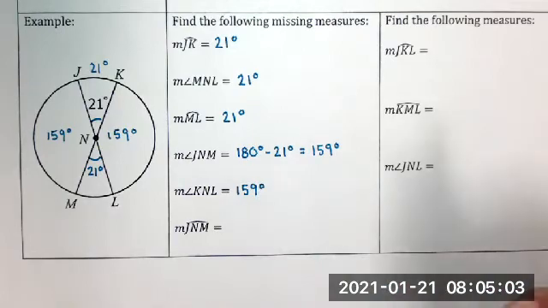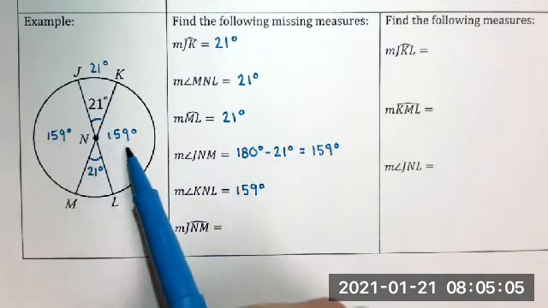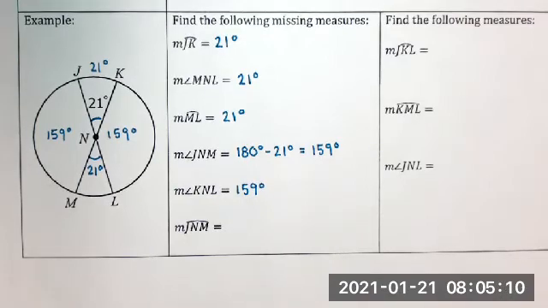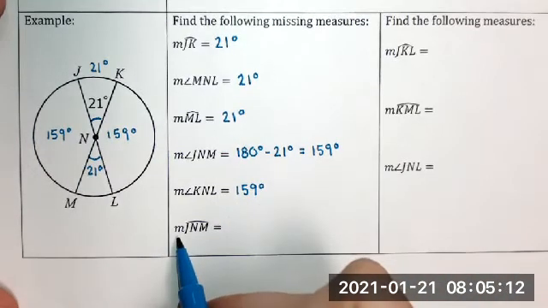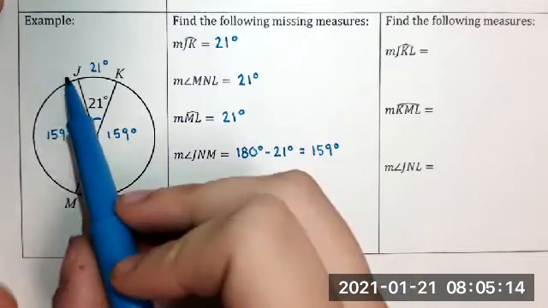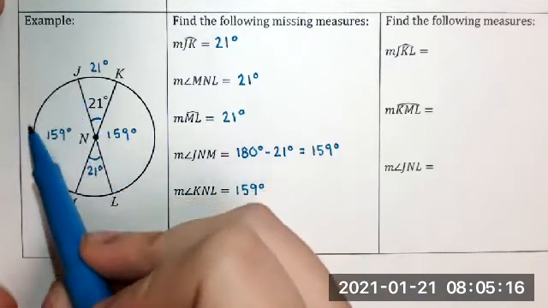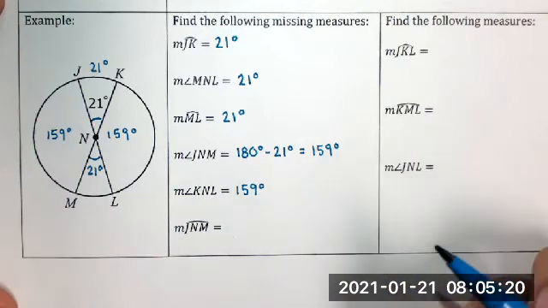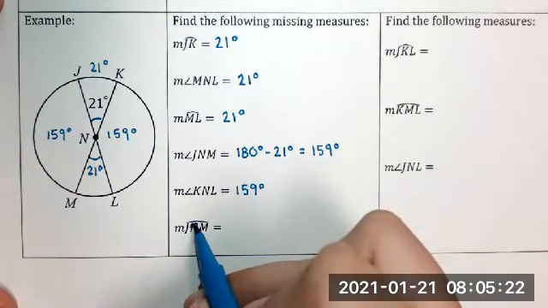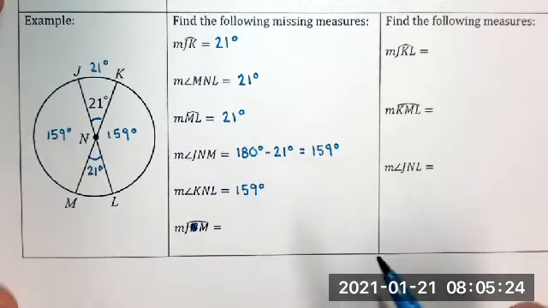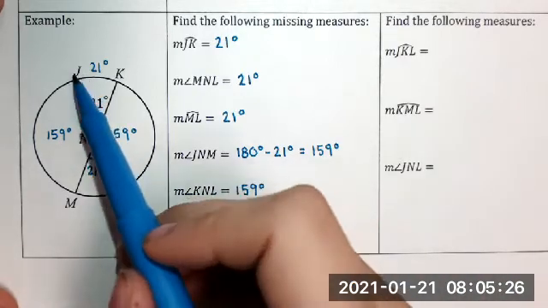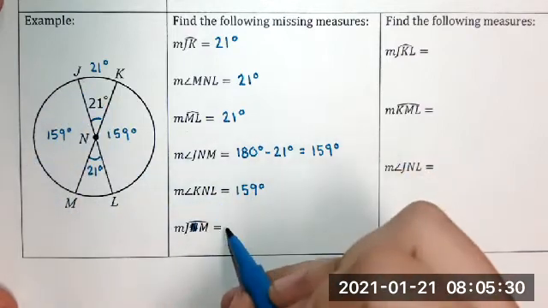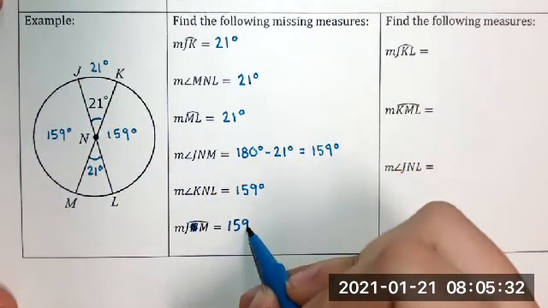And you could check yourself and make sure, do all of these add up to 360? That would kind of tell you if you went wrong somewhere. But regardless, back to this, measure of JNM, that arc, JNM, nope, that should just be arc JN. I made a lot of typos on this, huh? Anyway, the arc associated with angle JNM, arc JM, would be the same as the angle, 159 degrees.